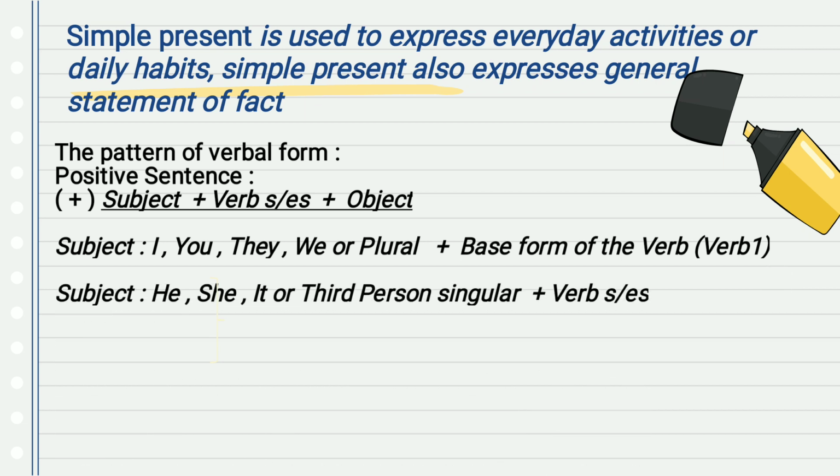For the subject he, she, it, or third person singular, atau orang ketiga tunggal, it is commonly followed by verb s or es.